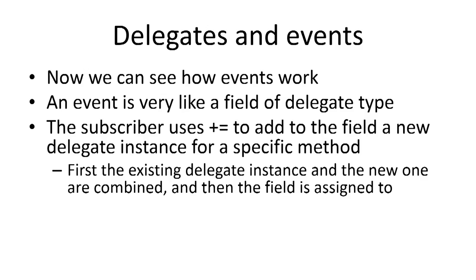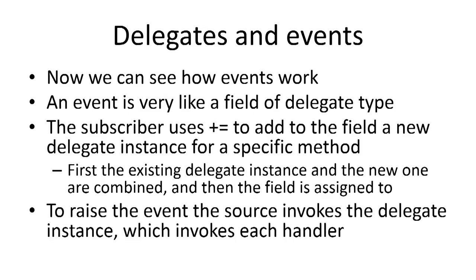I would like to add to that handler a new delegate to this particular method, and then assign the resulting new delegate to the list of handlers. So first, the existing delegate instance and the new one are combined, and then the field behind the scenes is what's assigned to. So that's why we use plus equals, because logically we are adding one delegate onto another.